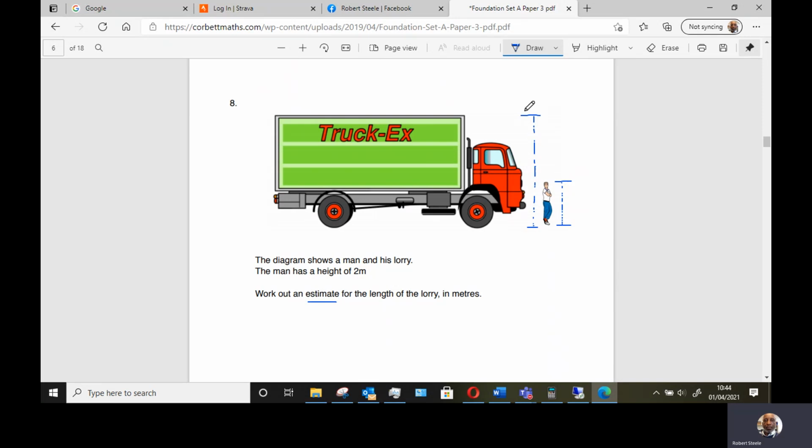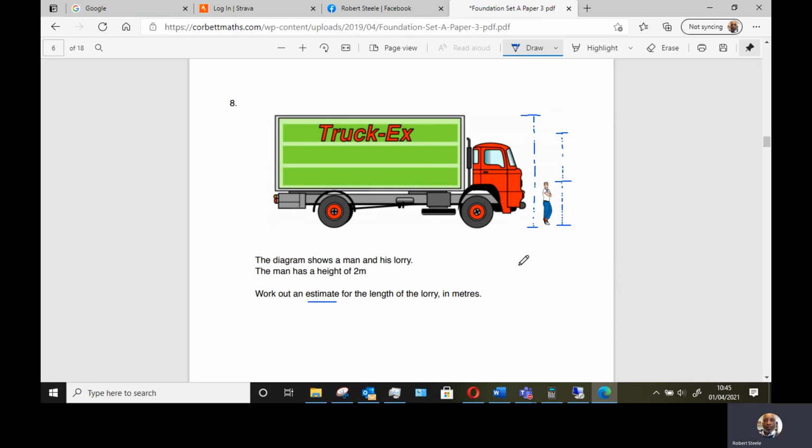Can't really get an on-screen ruler here, but by eye, to me, this looks like a bit more. I'm kind of feeling that would be another 2 meters.